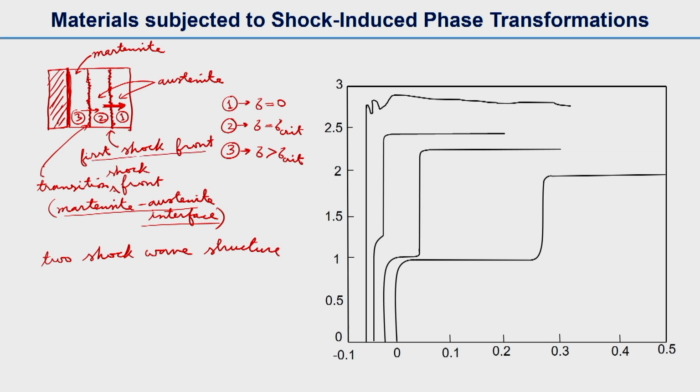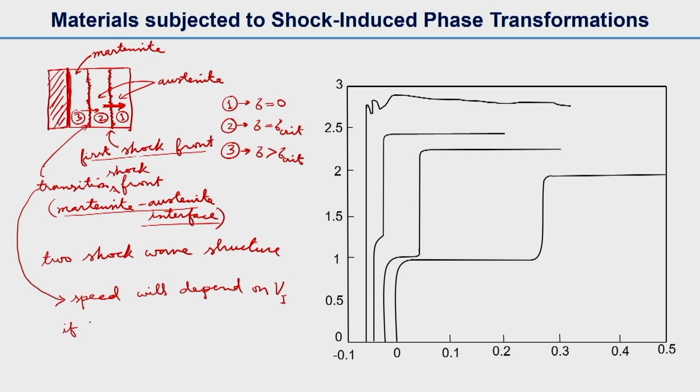But in case the velocity is very high, the speed of the transition shock front will depend on Vi, that impact interface velocity.